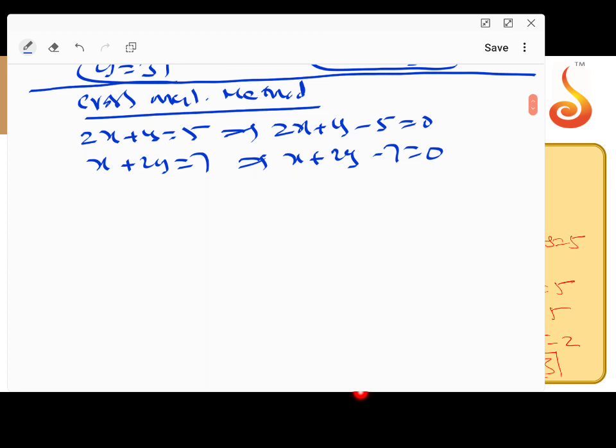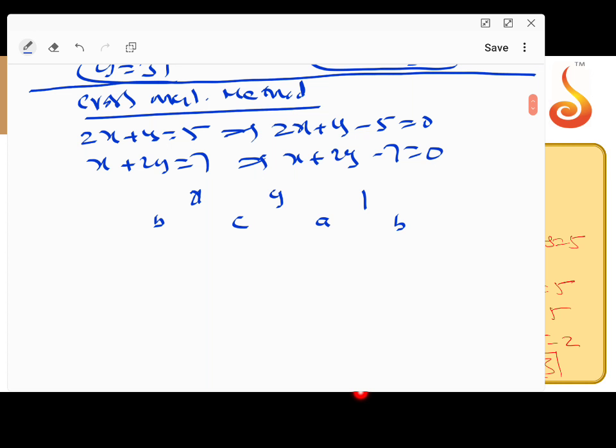Now in this method, let us take all the terms to one side. After that, there is a rule to solve this one. Take x, y, 1. Here we want to find x and y, and an extra 1 you can write. On the left side of x, we can write b. I will explain what b is. Then c, a, this order you can write here.